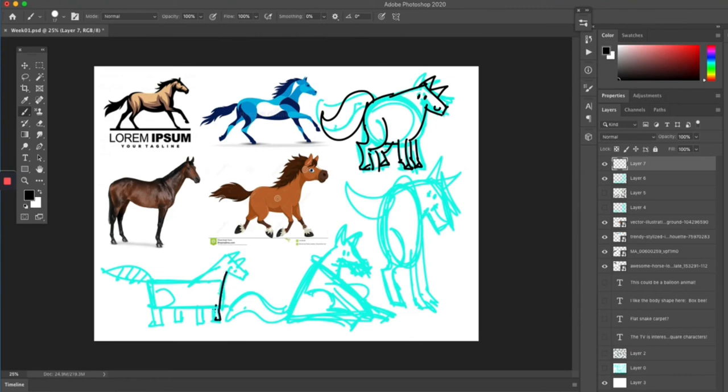Okay, looking at your reference, seeing what hooves look like and stuff like that. A very simplified one here. I could have some reference for what other logos look like, with very logo-fied, very shape-driven characters. If I need some reference for that, I could just grab that. Okay, here's a sitting horse, and I'm just trying to pick up some of that cheek and the shape of the ears.